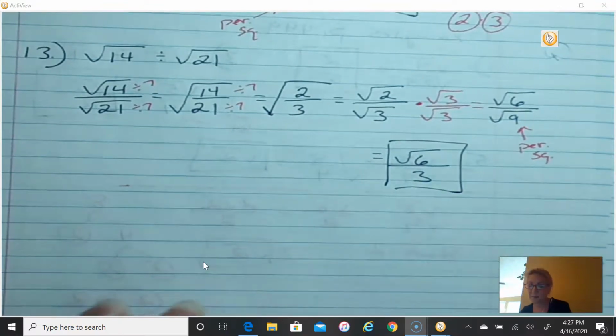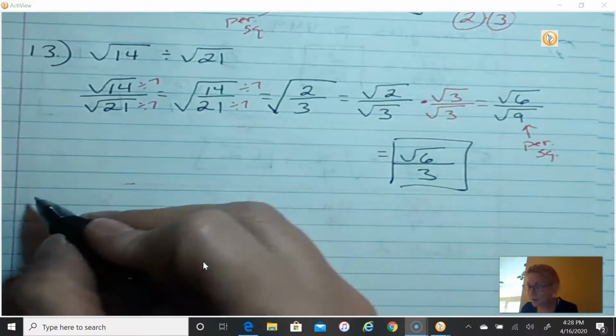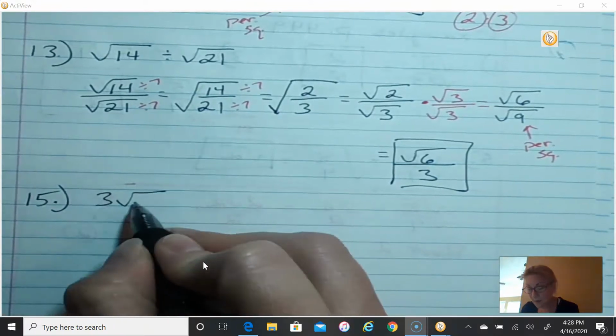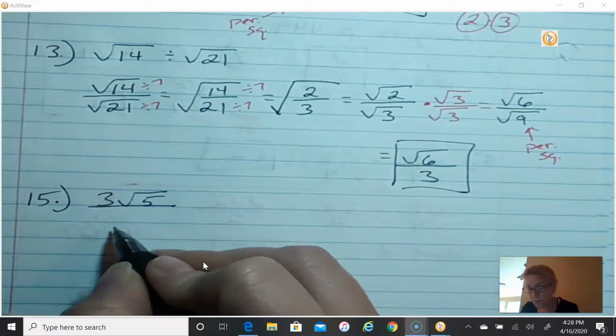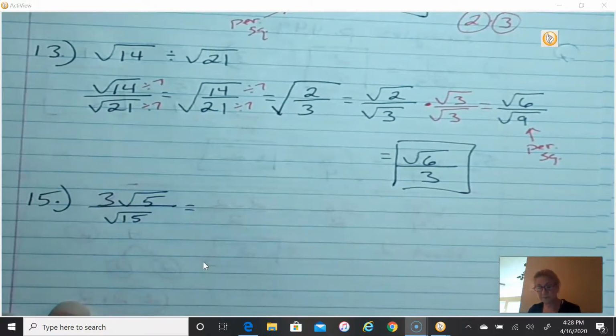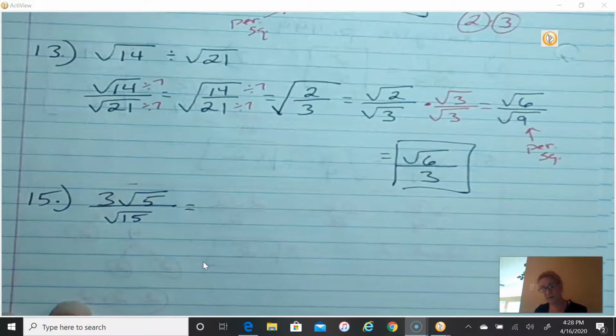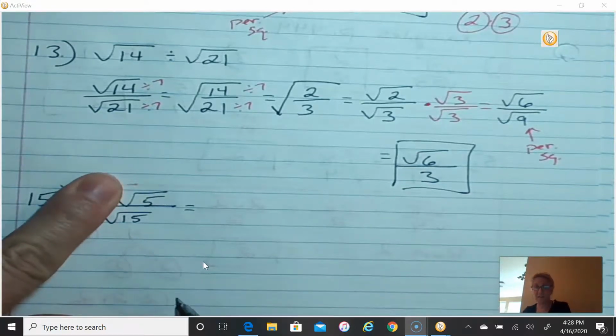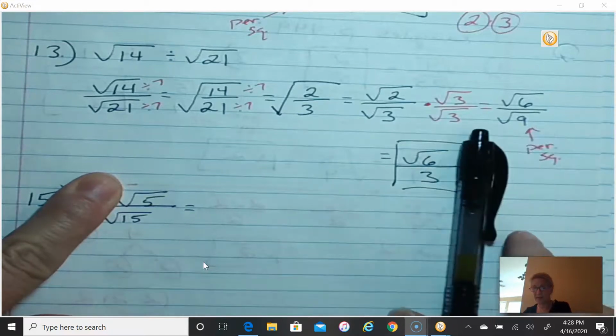And again, we can't simplify that. Last one, number 15. 3 times square root of 5 over square root of 15. Okay. Now, this is weird. We can, remember, reduce these things, right?